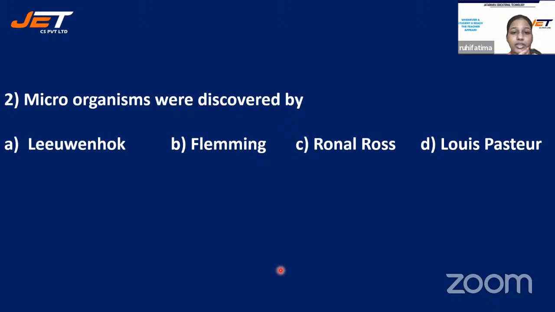You can refer to your textbook for this class, but for the next class, we'll do more questions. I'll not allow the textbooks. All right, students. The correct answer is Leeuwenhoek. Microorganisms were discovered by Leeuwenhoek.